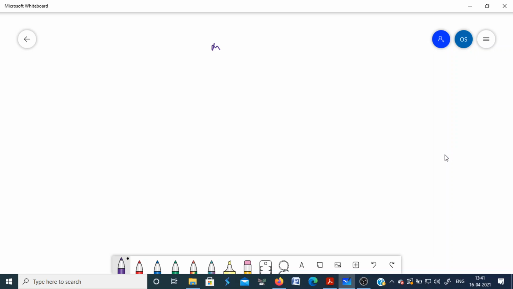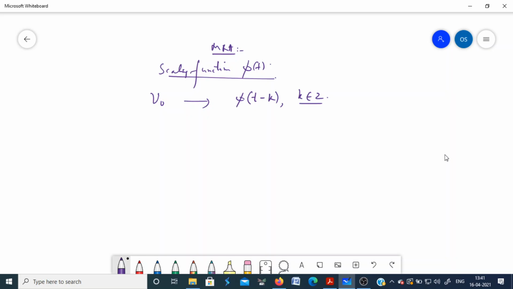Now we will discuss what MRA, multi-resolution analysis, is. We start from some scaling function phi of t, and we define a vector space V naught as the set of all those functions which are generated by using phi of t minus k, where k is an integer.